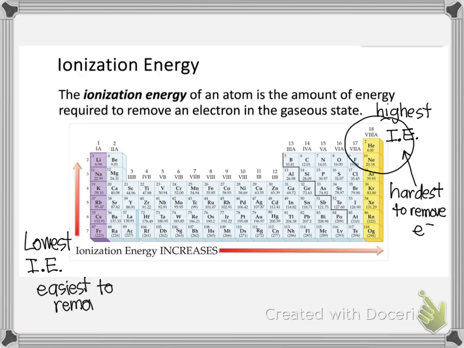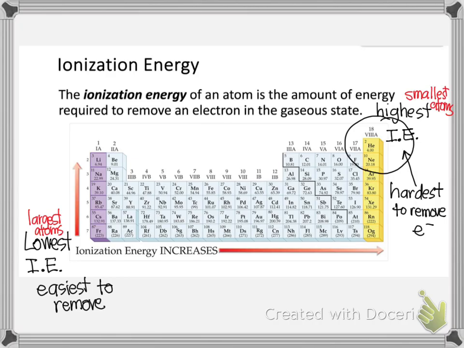Now, to my mind, it makes sense because from a previous trend, these are the smallest atoms, and these are the largest atoms. So the smallest atoms, the electrons are held closely to the nucleus, so they feel a greater pull, so it's going to be harder to remove them.